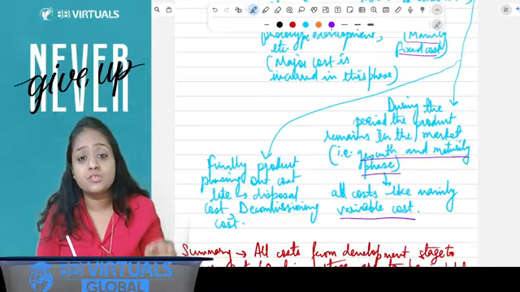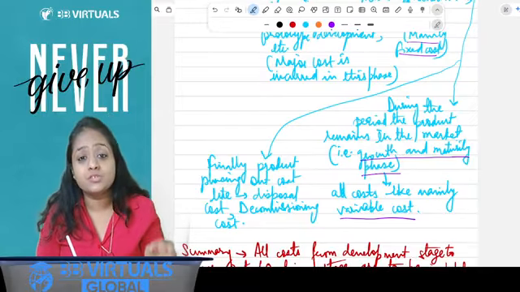So get the single product CS ratio, divide the fixed cost by it, and you will get break-even point in revenue. And if you want to get break-even point in units from revenue, simply divide this revenue by selling price per unit. Any of the ways you can calculate these two values.